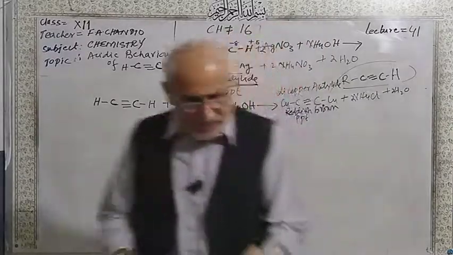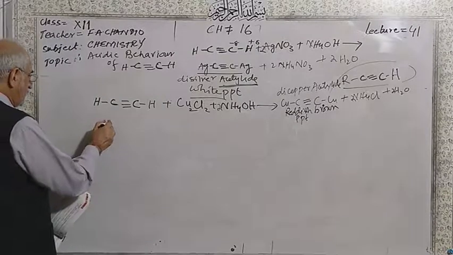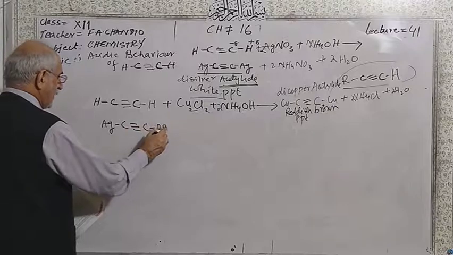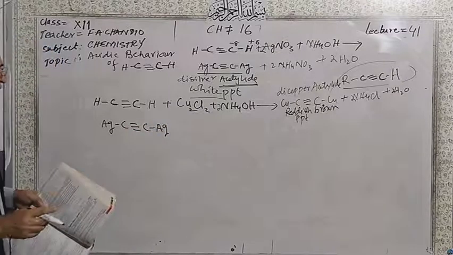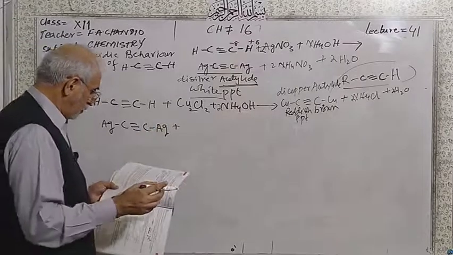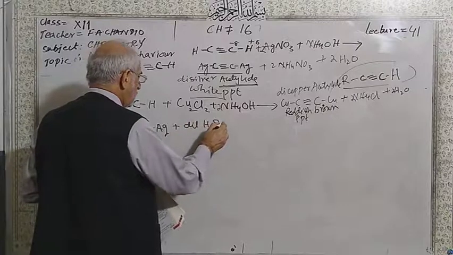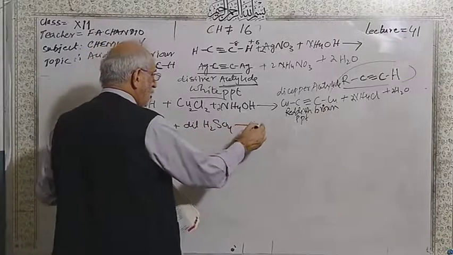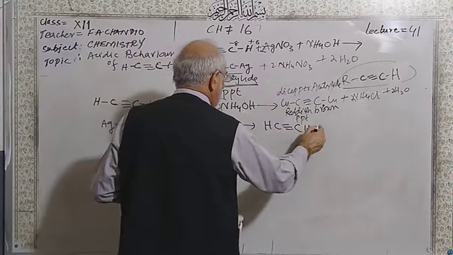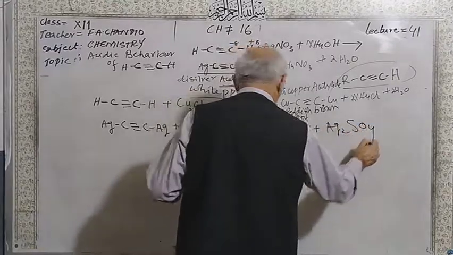Suppose you have the disilver acetylide, a white precipitate, and you put dilute sulfuric acid. So you will get acetylene again and silver sulfate.